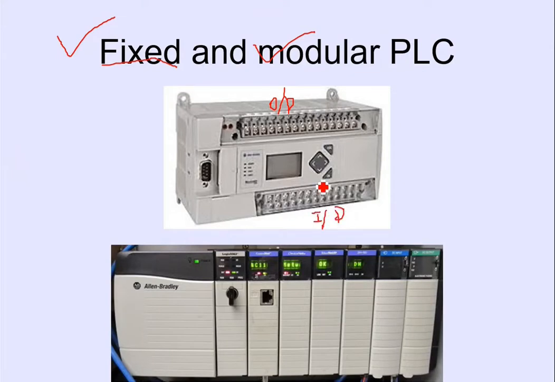There is a display available, and there is a configuration you can do. This is the communication port. Here you can connect the cable and communicate with the programming device. If you open this door, there is another port available, which is TCP/IP communication. This is the MicroLogix PLC of Rockwell Automation, Allen Bradley.